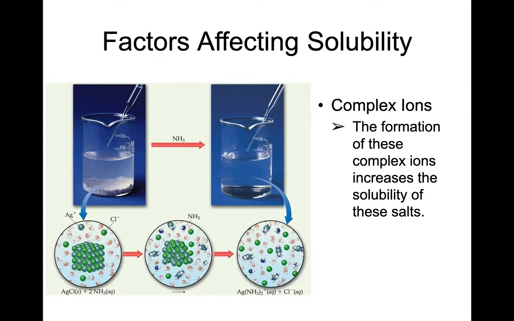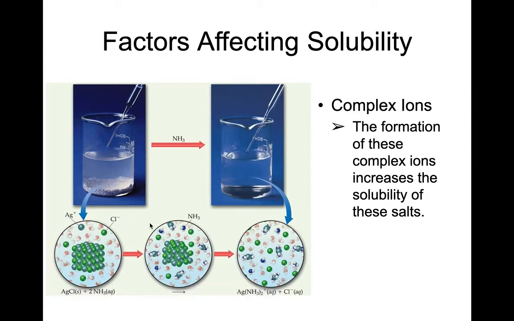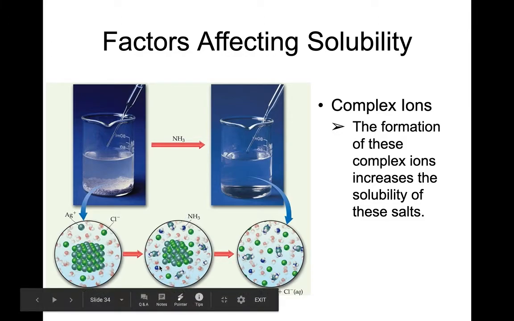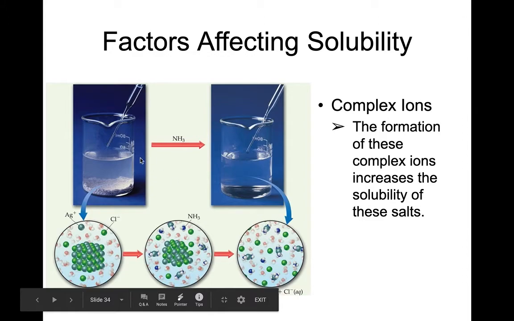The formation of complex ions typically increases the solubility of its salt. So we've got a solid here. It could dissolve to just make its ions, but if as it dissolves it's able to bond with other substances and form complex ions, it will become more soluble.